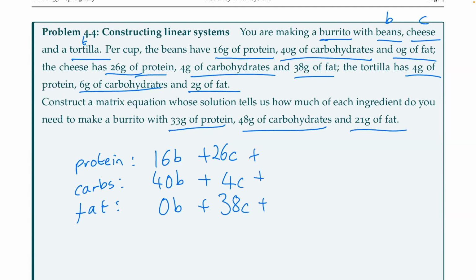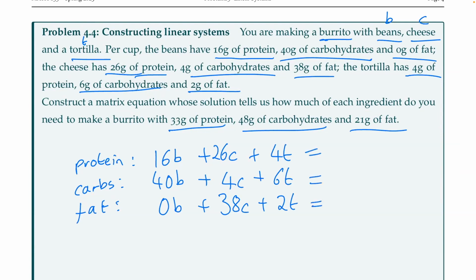And then finally, our tortilla, we have 4 grams of protein, 6 grams of carbs, and 2 grams of fat. Okay, so these 3 equations here are just turning the information from above, the distribution of nutrients in each of these different ingredients, into a set of equations.